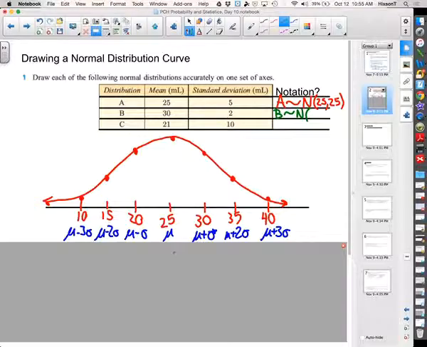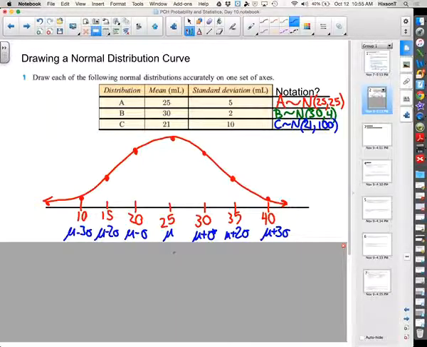What goes in the parentheses? 30 and 4. Okay. While we're here, by the way, C would be distributed normally. And what would go in the parentheses? 21 and 100. Okay.